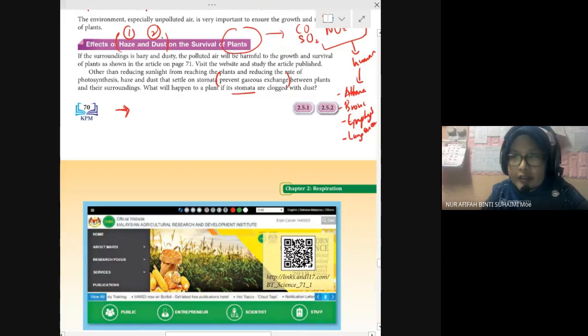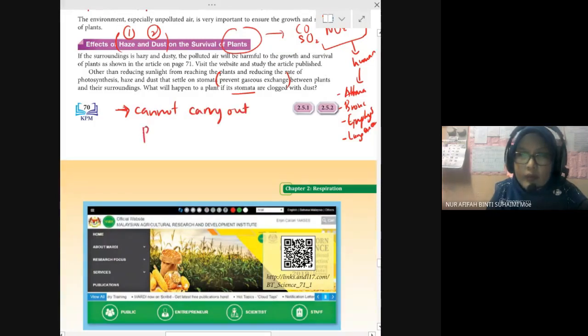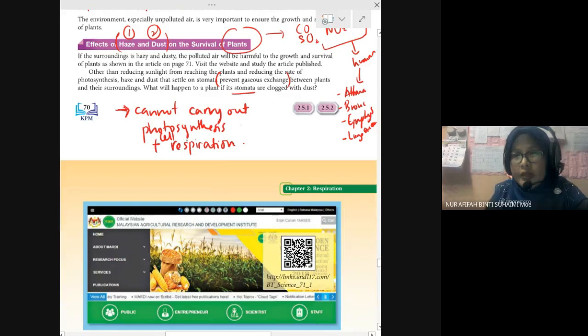If a lot of haze and dust cover the leaf, it will block or clog the stomata and prevent gases exchange. So when there is no gases exchange, the plant cannot carry out photosynthesis. Okay, that's the answer. And also cell respiration. Usually this is the answer.